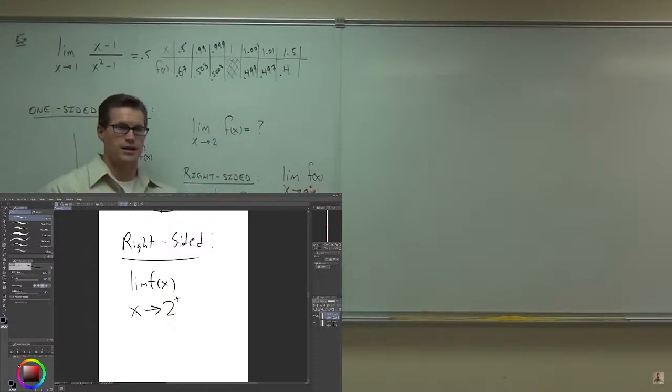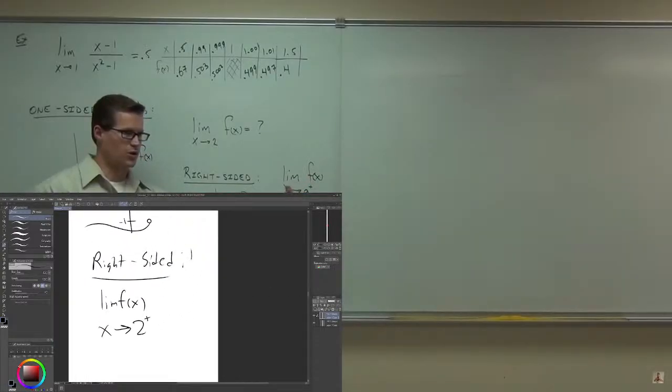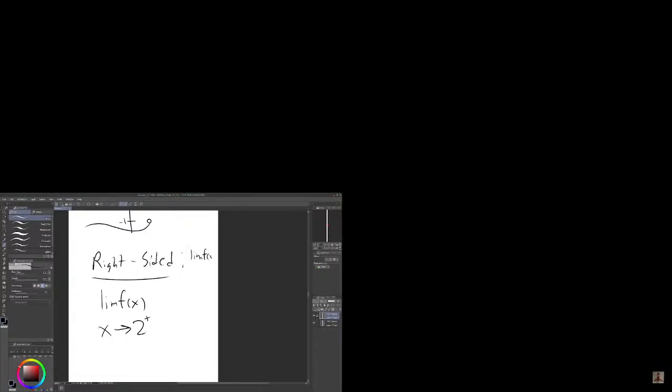That says a right-sided, one-sided, right-sided limit. Nod your head if you're okay with that. So plus means from the right. You all right with the plus meaning from the right?